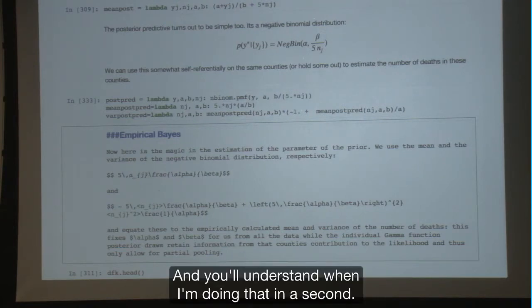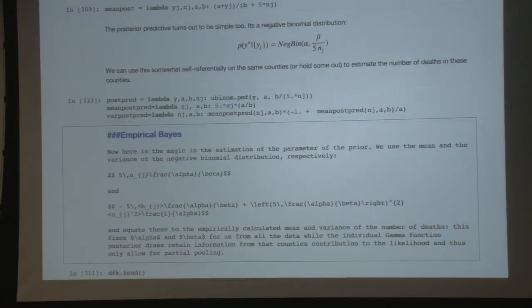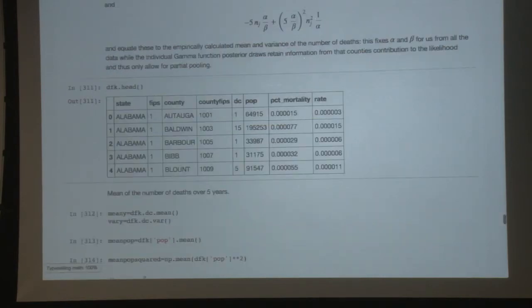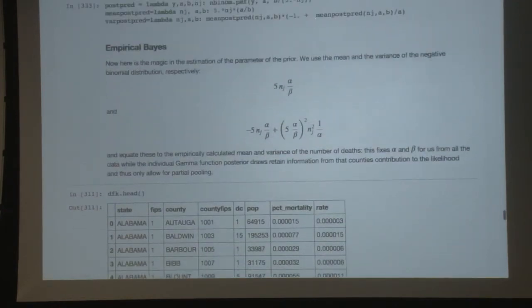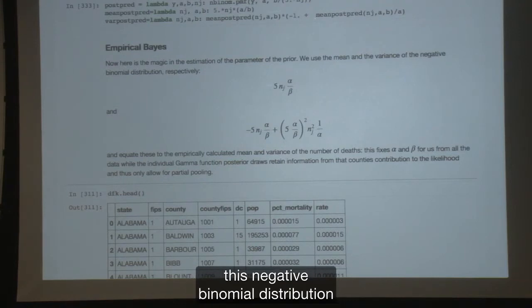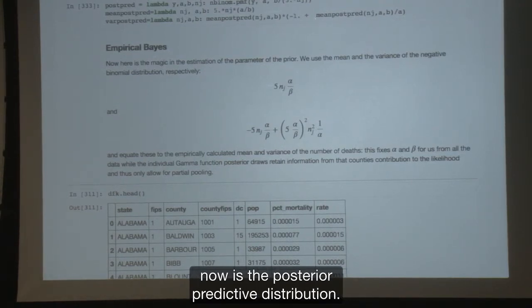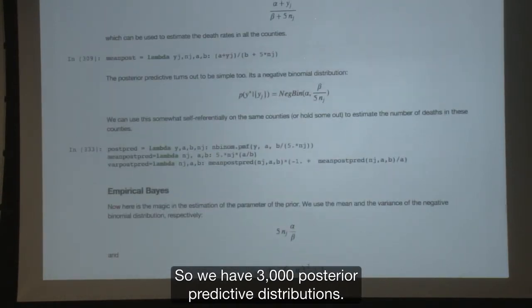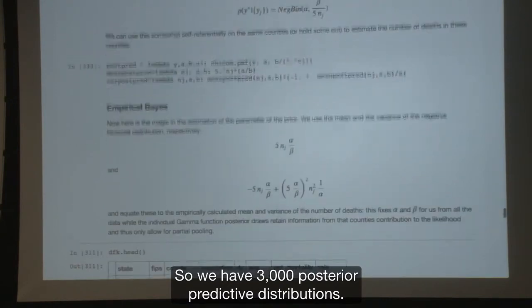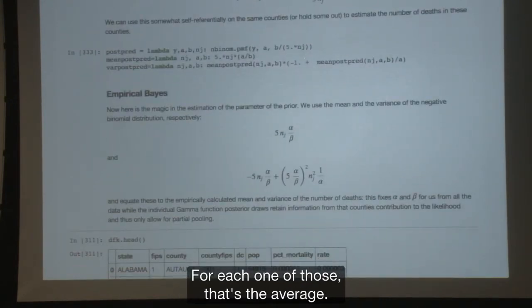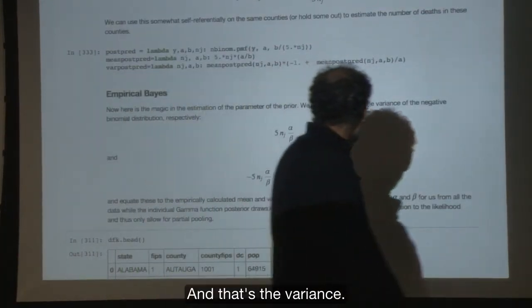And you'll understand why I'm doing that in a second. So for each and every county, we have this negative binomial distribution now. It's the posterior predictive distributions. We have 3,000 posterior predictive distributions. For each one of those, that's the average, and that's the variance.